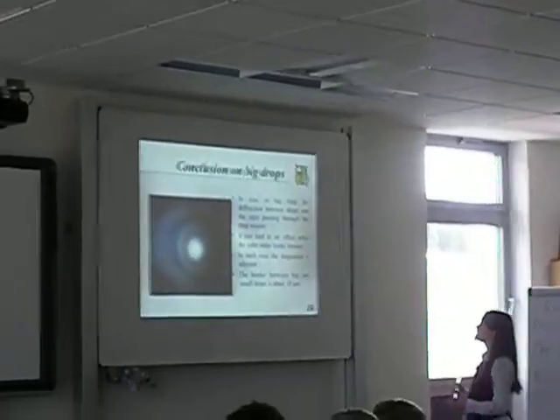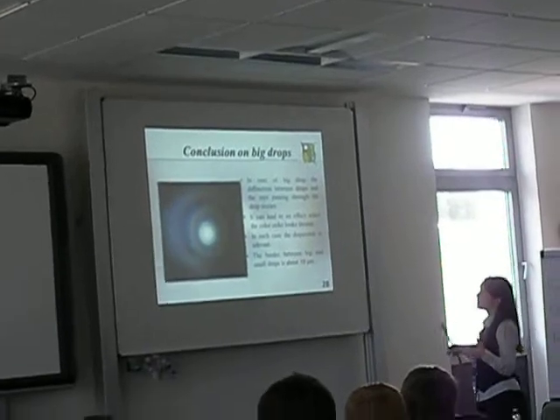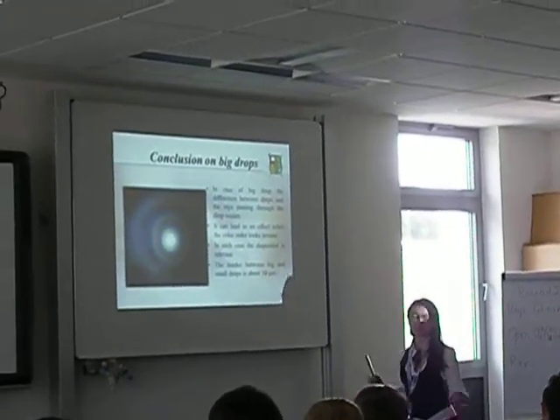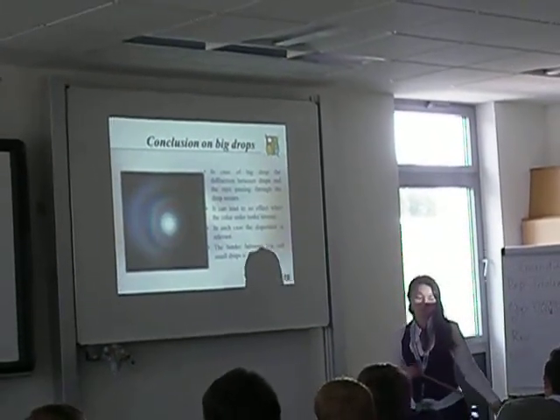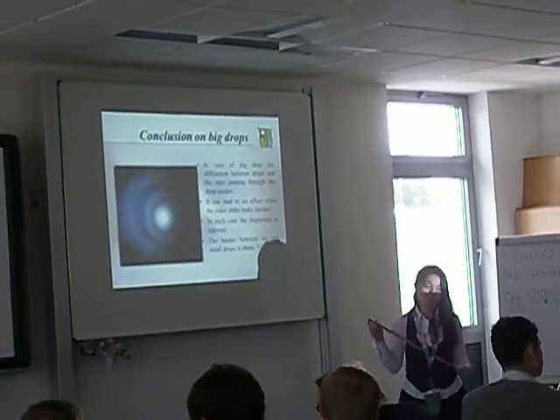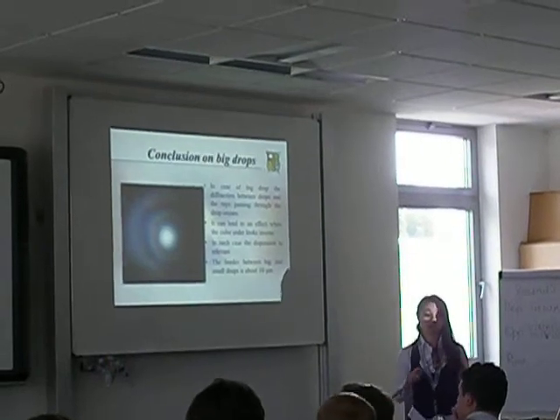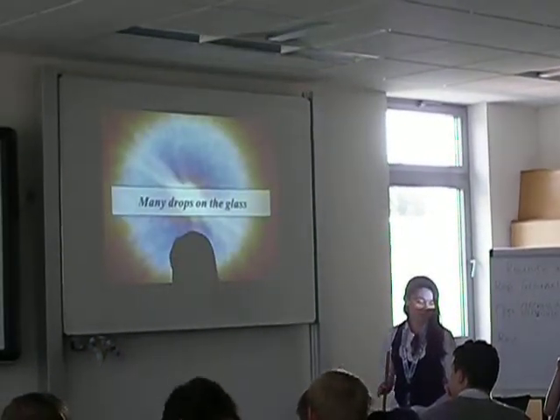In the case of big drops, the diffraction between drops and the ray passing through the drop affect the colors. In such a case, the dispersion is relevant. The border between big and small drops is almost 10 or 15 micrometers.